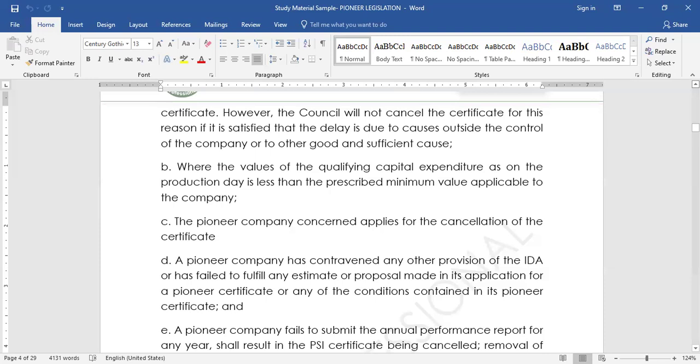Another condition: when the company has contravened provisions of the Industrial Development Act. The law that governs pioneer legislation is called the Industrial Development Act, or Income Tax Relief Act. When a company contravenes it, it will lead to cancellation of the pioneer certificate.